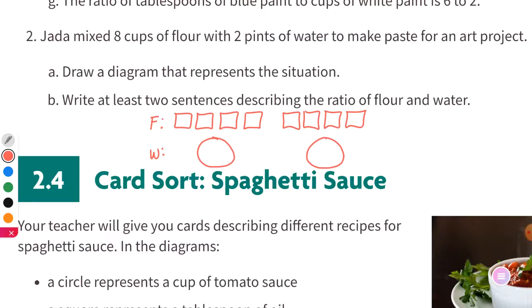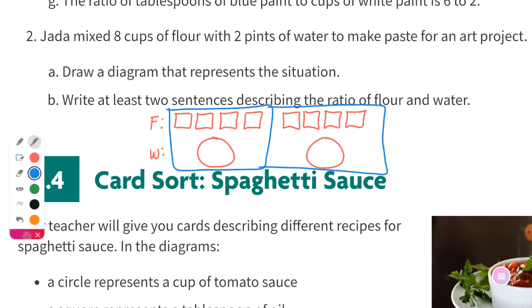If you didn't do that in the beginning, that's fine. But then if you can group them in 2 perfect groups or 3 perfect groups or 4 perfect groups, each group is really your simplified answer, your simplified ratio. But again, there's other ways to get that. So there's a diagram. You don't have to have the boxes around it. I was just showing you there's 2 groups of the same thing.